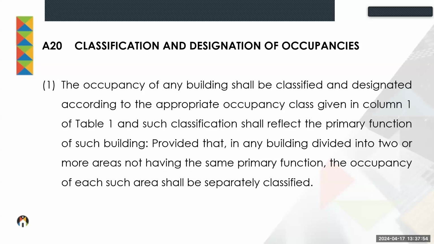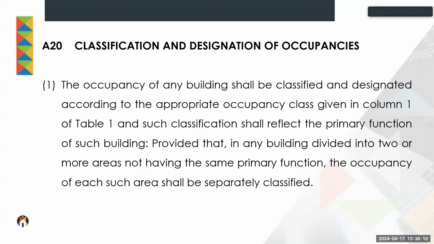Different requirements for different types of occupancies, especially when it comes to fire protection and a few others. So the classification on the building plan shall reflect the primary function.